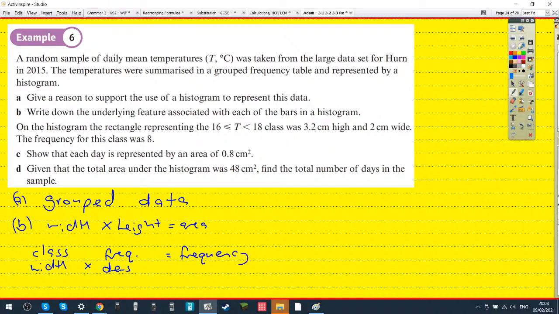You can see how they're matching up with each other. With class width, height of the bars are the frequency density, and you can see areas matching up with frequency. Basically, area is proportional to frequency. And that's all you have to say: the area of the bars is proportional to the frequency of the groups.